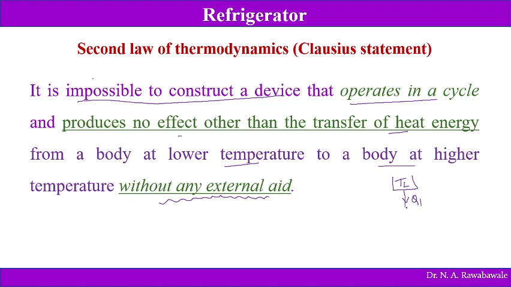This heat energy is transferred by the refrigerator to a body at higher temperature, say TH, and it rejects this amount of heat energy Q1 to the body at higher temperature without the aid of any kind of energy, without any external energy. So this is a machine which transfers heat energy from a body at lower temperature to a body at higher temperature without any external aid.